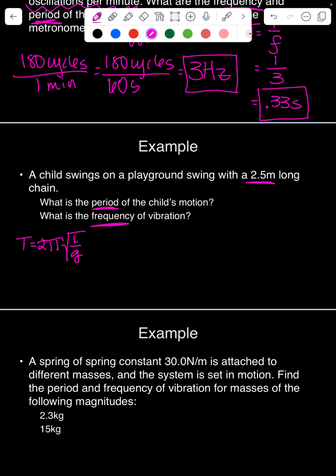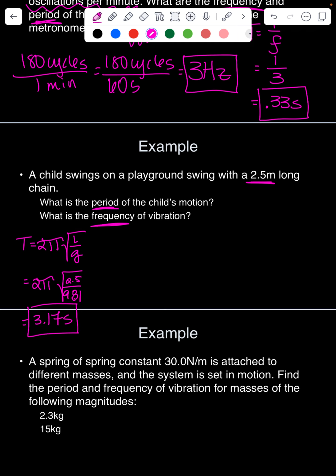We do not have to rearrange this, so we can just plug in our numbers and go. We have 2 pi times the square root of 2.5 divided by 9.81. That gives us a period of 3.17 seconds. That means it takes 3.17 seconds for that child to swing forward and then come all the way back.